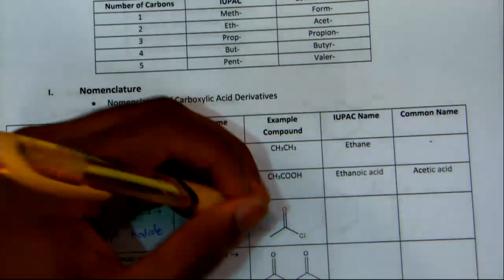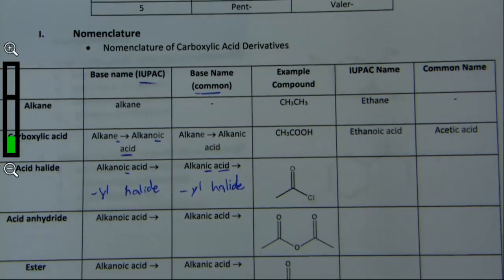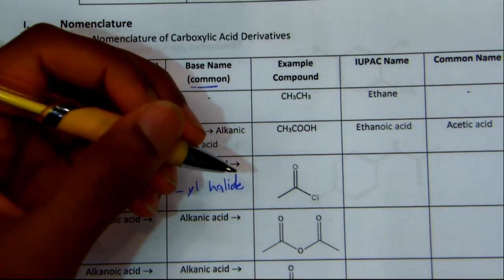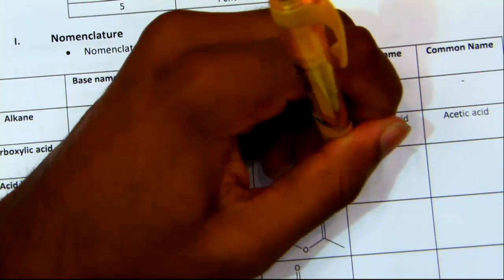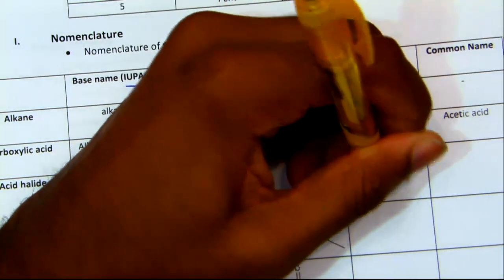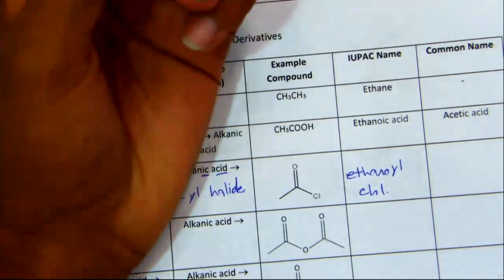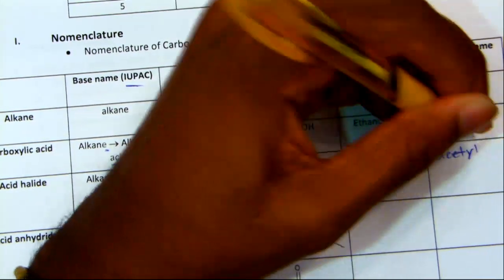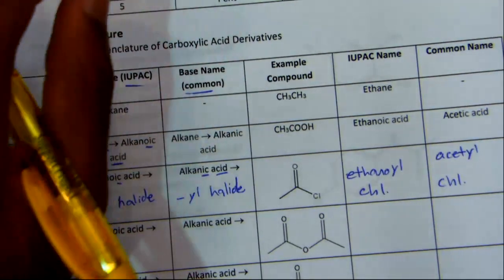So for this one, we go for the parent chain, which is 2 carbons long, right? So that's a prefix of eth, ETH. So this is going to be ethanoyl chloride. Is that cool? And then for the common name, we just went over it, so acetyl chloride.